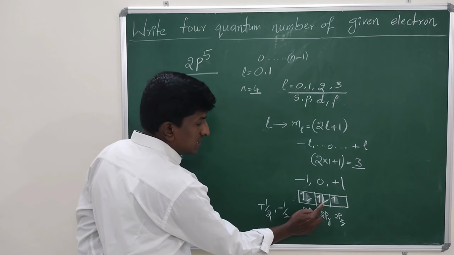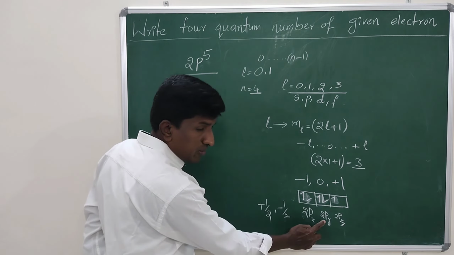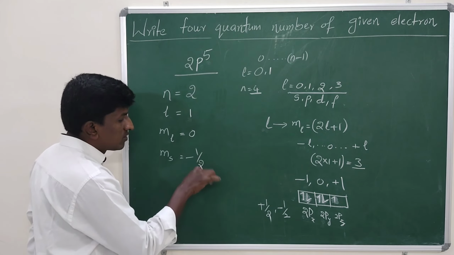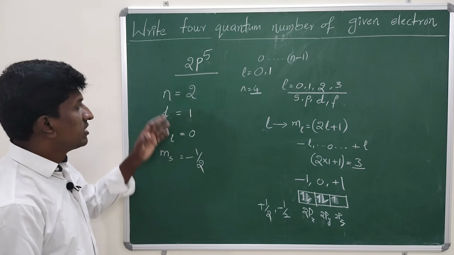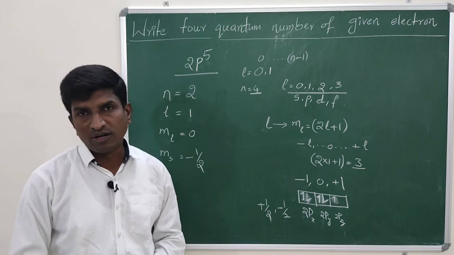So here the 5th electron is the second electron in the 2py orbital, so the value is minus half. In this way we need to write the 4 quantum numbers of a given electron.